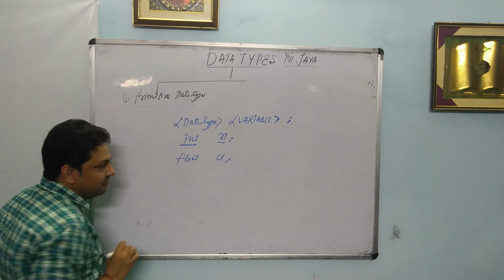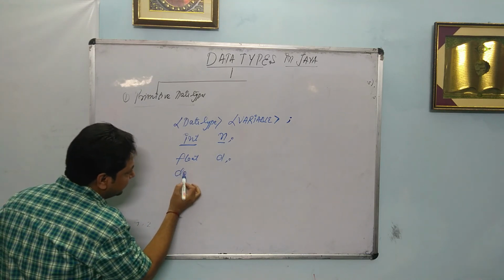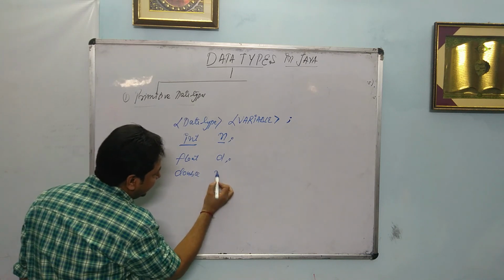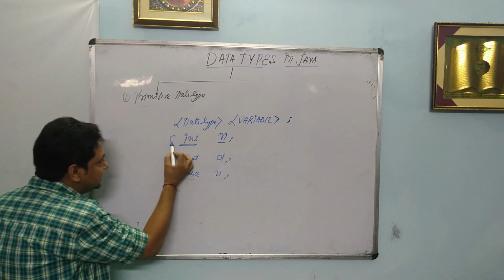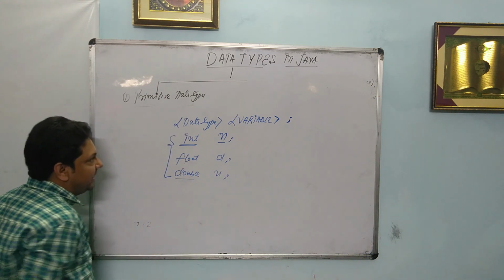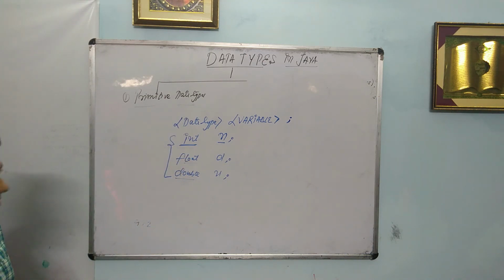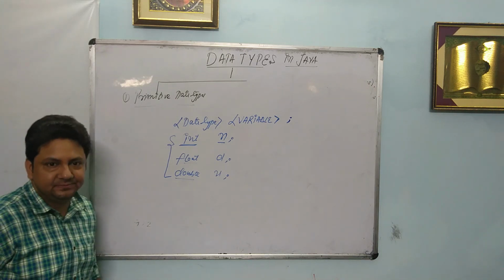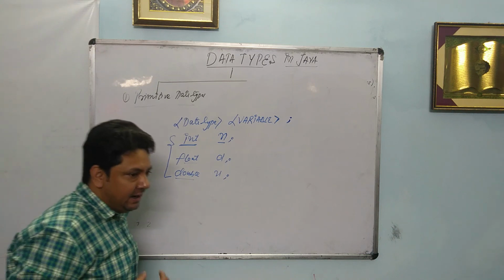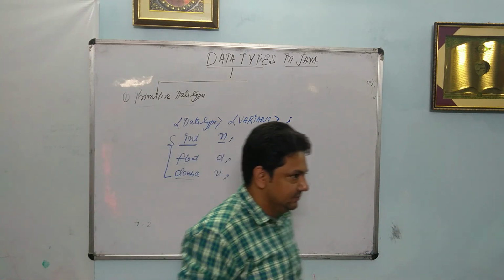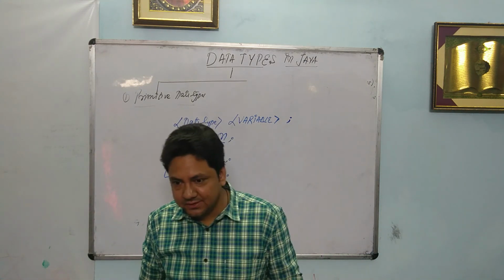Now this is a float type of variable. Similarly, we can declare any kind of variable with the data type. Now these three variables we can use in the programming language because they have been defined. So this is all about the discussion of data types in Java. That's it.